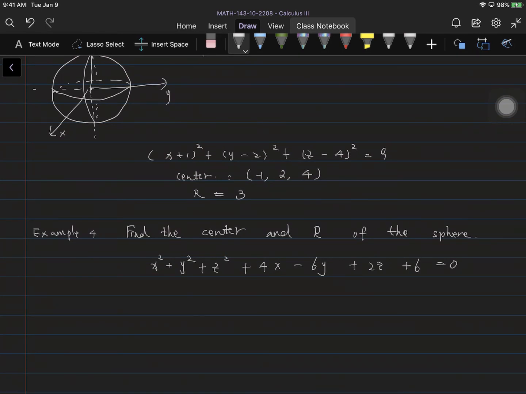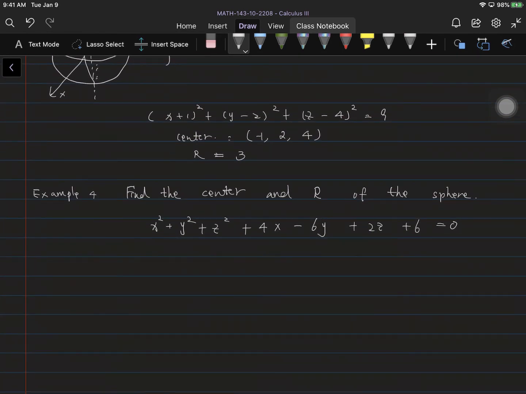Now let's take a look at this one. This is not standard, so we don't know the center and radius from here, right? So we have to use the complete the square method. That means we combine all the x terms together, all the y terms together, and all the z terms together, and we move the constant to the right side.